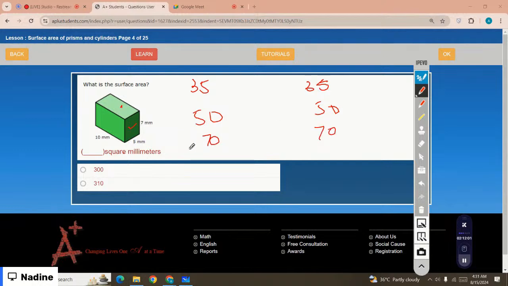So let's just add all the values, right? You just have to add all these areas. Let me just use the calculator. The correct option is 310. Option number 2 is the correct option.